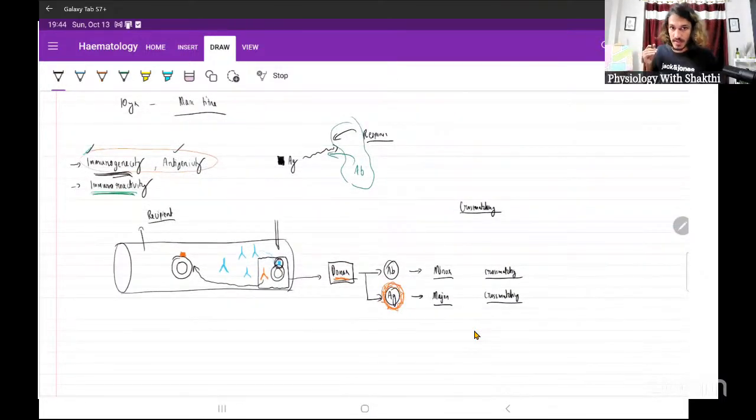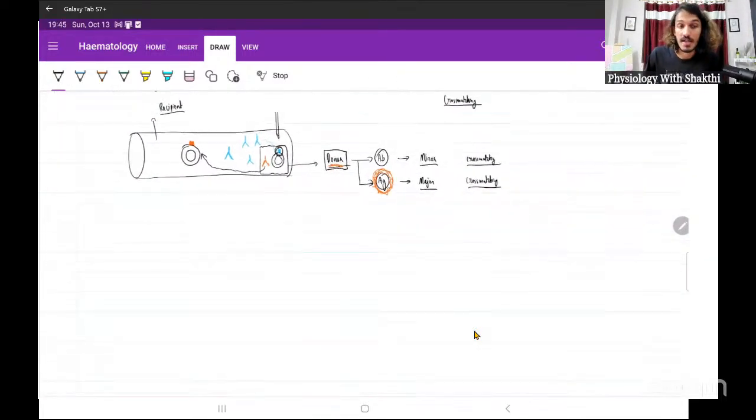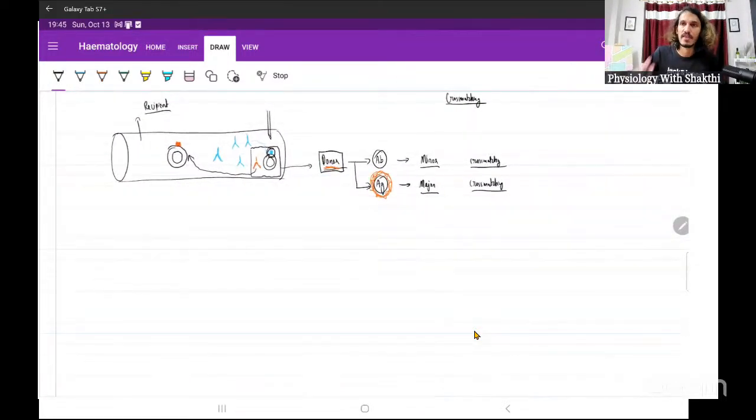Now, based on this, another set of questions are going to come where they'll ask you, if you're A blood group, who can you give blood to? Who can you receive blood from? If you're B blood group, if you're O blood group, questions like that will keep on coming. So in exams, usually for Viva, they'll ask you first, what is your blood group? Say you're AB positive.